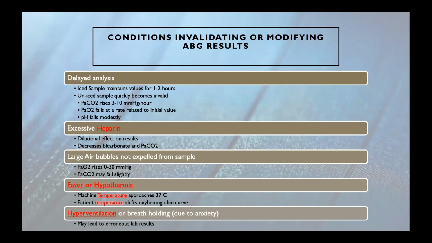And fever and hypothermia, of course, change our sigmoid curve. Now, hyperventilation or breath holding, of course, the patient immediately develops alkalosis by hyperventilating. So, pitfalls in interpretation: venous errors can occur.